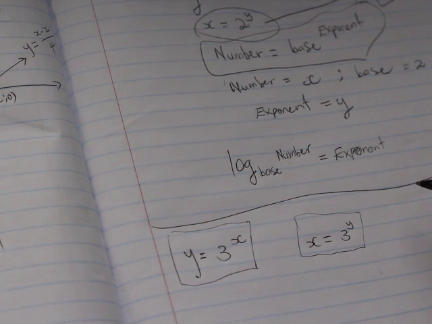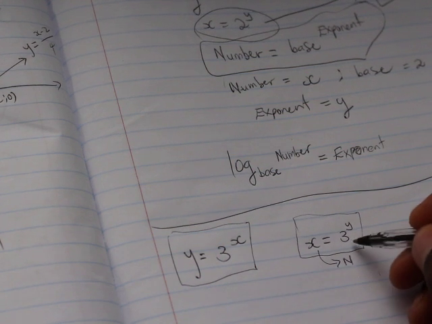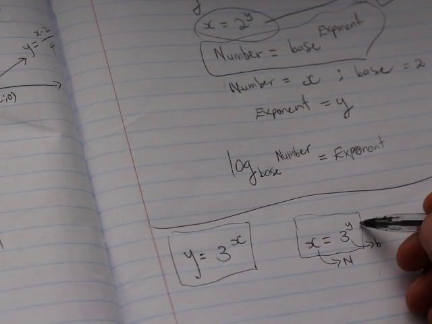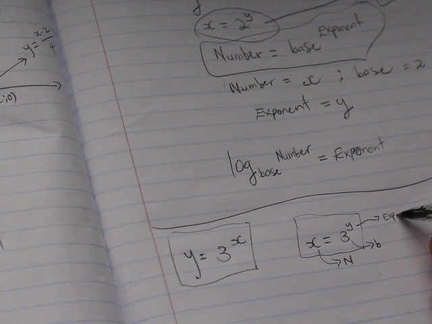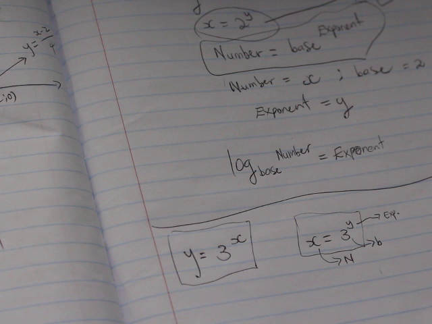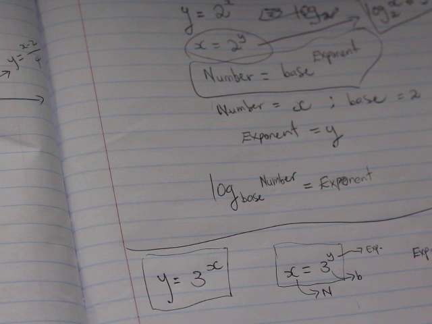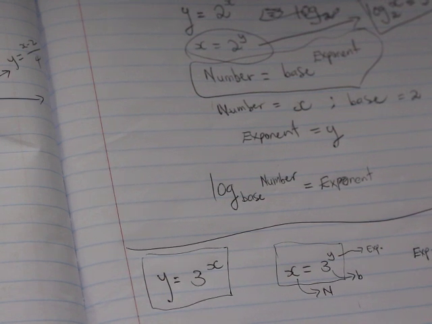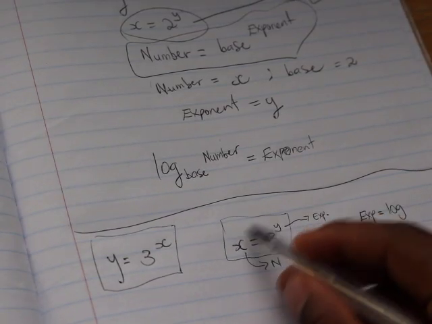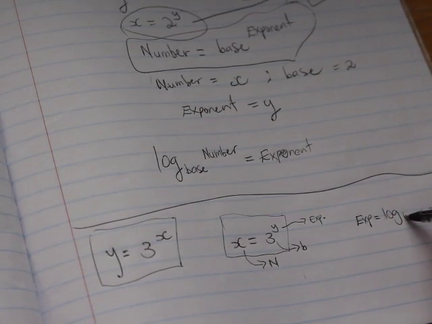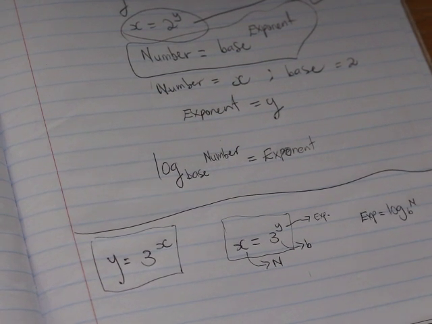But we've got a rule which says, remember, this is the number, this is the base, and this is the exponent. Our formula says the exponent is equal to the logarithm of the base, which is 3, and then the number there.